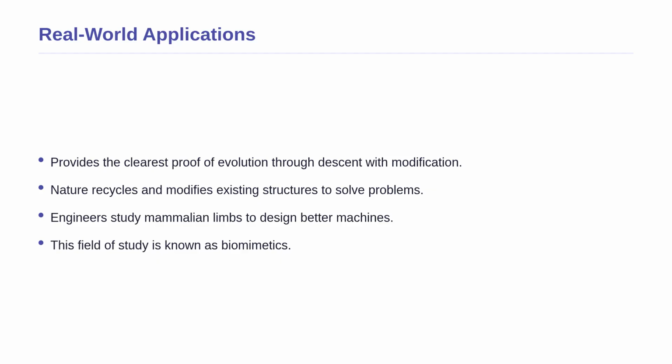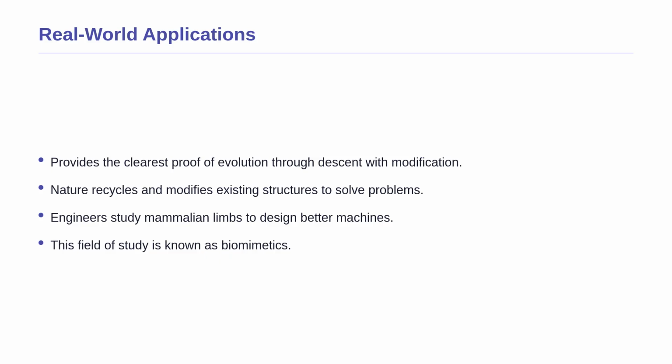Understanding this shared anatomy leads us to an important question. Why does this matter today? Understanding adaptive radiation is absolutely crucial because it provides the clearest proof of how evolution operates through descent with modification. It shows us that nature does not invent new structures from scratch.